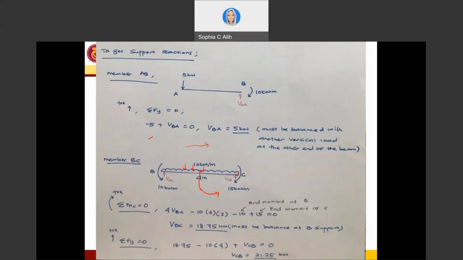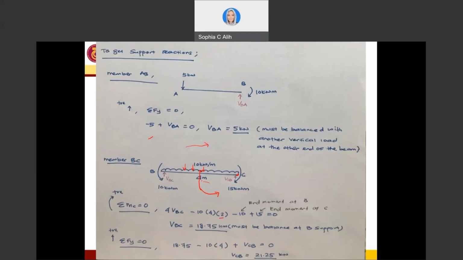So negative 10 times 4, this is the total point load, 10 times 4, and the moment arm is going to be the mid distance, so it's going to be 4 divided by 2, so this is 2.